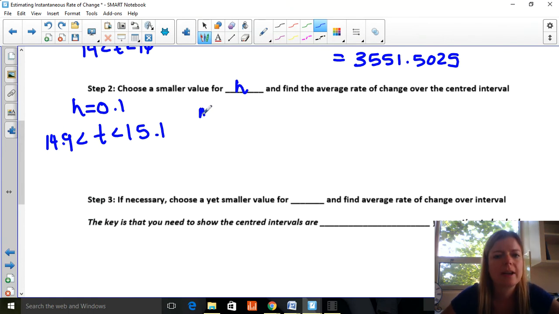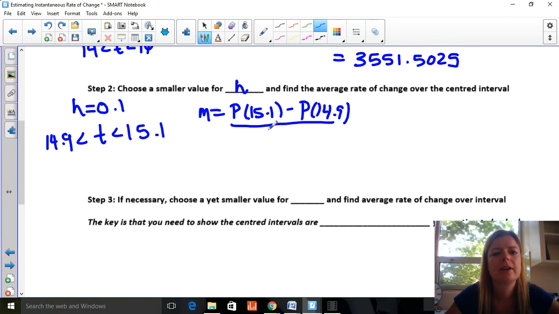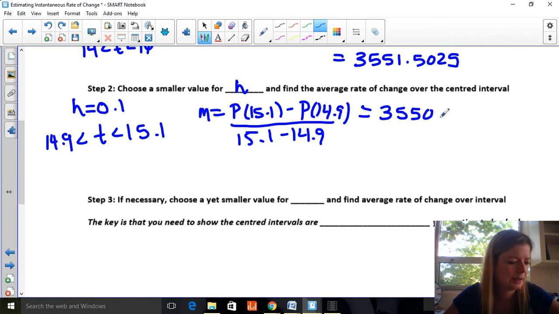So now we ask, what is the average rate of change: P at 15.1 minus P at 14.9, divided by 15.1 minus 14.9. When you put this into the calculator, you get 3,550.105.